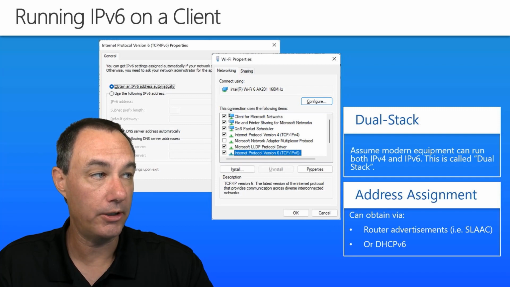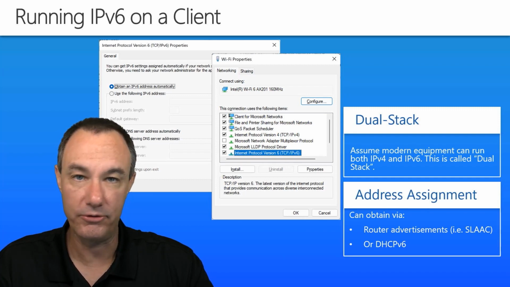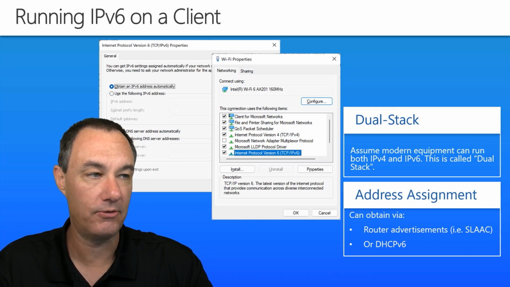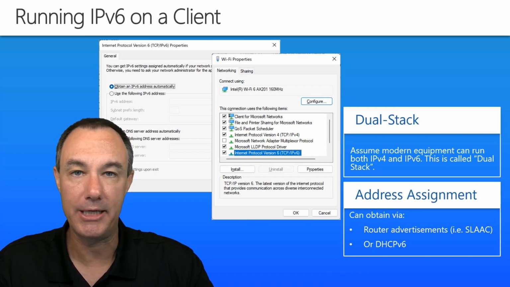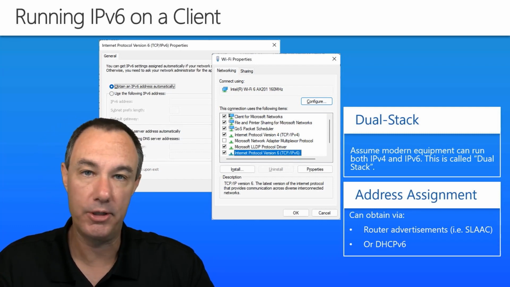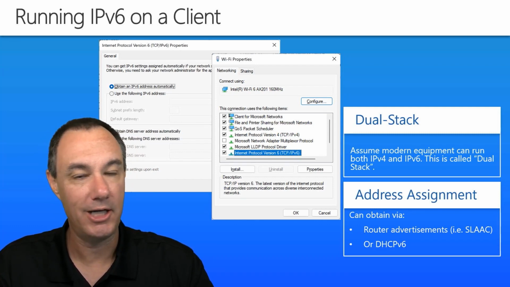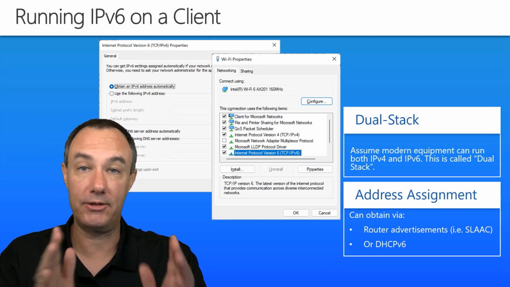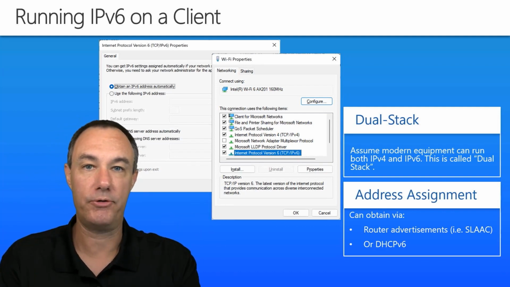One of the reasons you're going to find your workstations have IPv6 addresses is because of some of the automatic tunnels that are set up. We don't get into that. But what I do want you to realize is that IPv6 and IPv4 can run at the same time. That's what to expect.